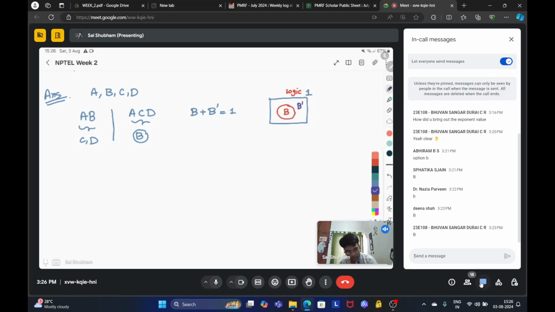So B plus B bar has to be 1. So whether we write ACD or we write A(B plus B bar)CD, it's basically the same thing.